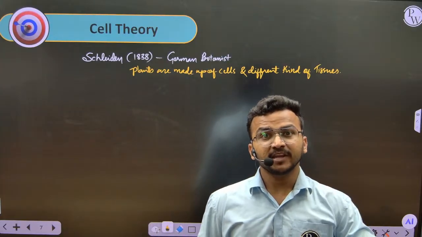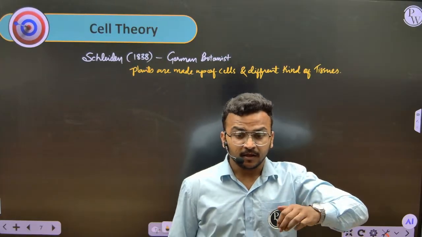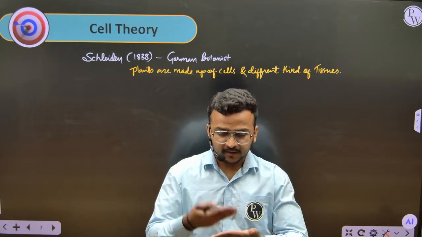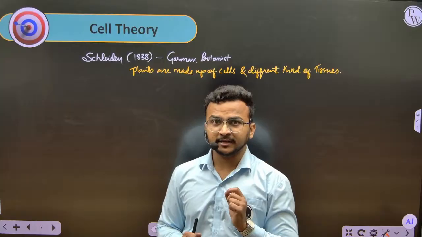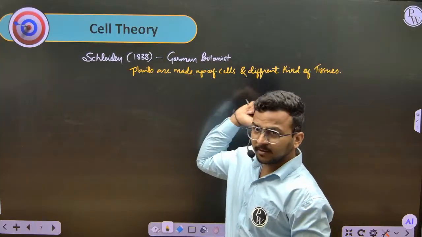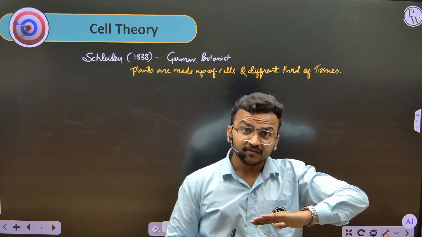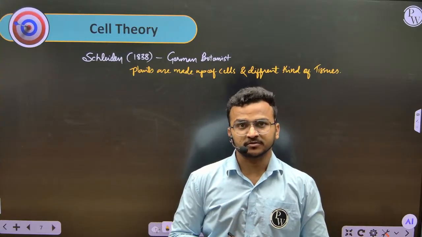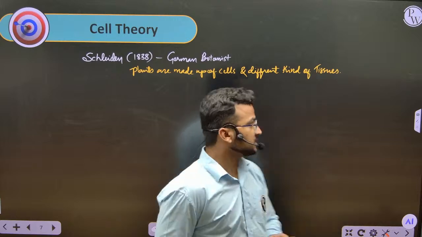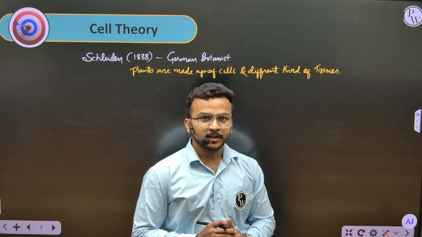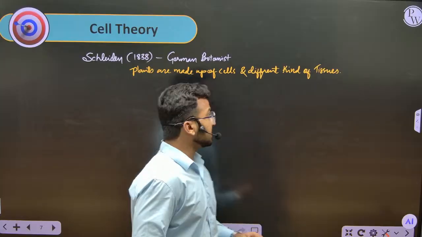When he studied many different plant varieties under the microscope, he concluded that plants are composed of cells and different kinds of tissues. Tissues in the sense, a group of cells we call tissues.